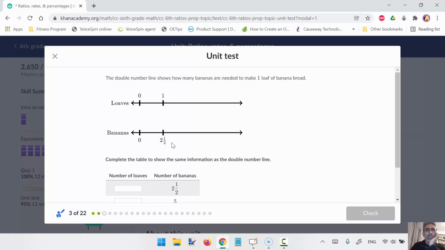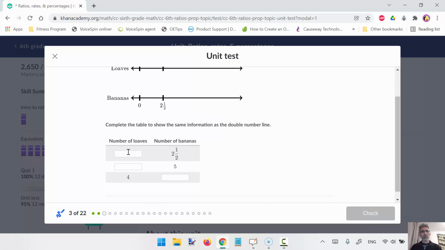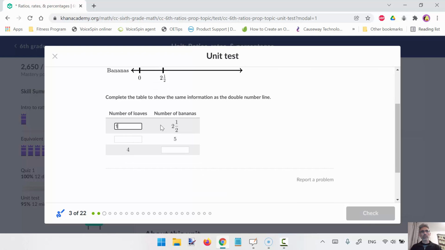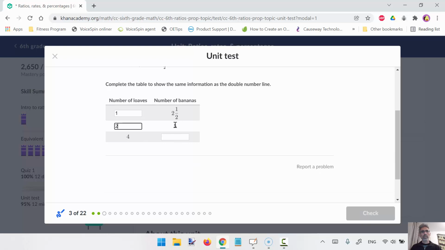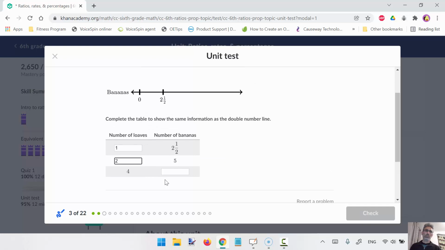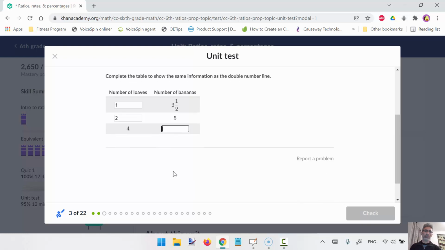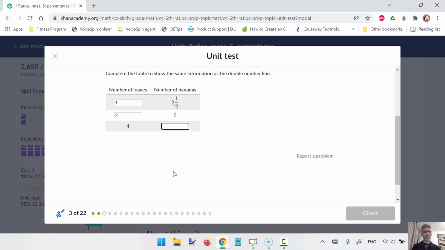Okay, so we need 2.5 bananas to make 1 loaf. 2 loaves, 5 bananas. 4 loaves are 4 times 2.5, which is 10, right?